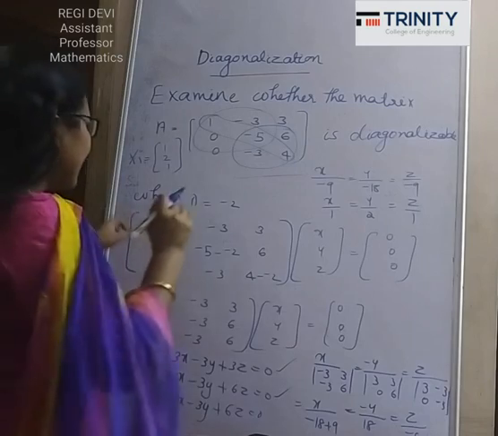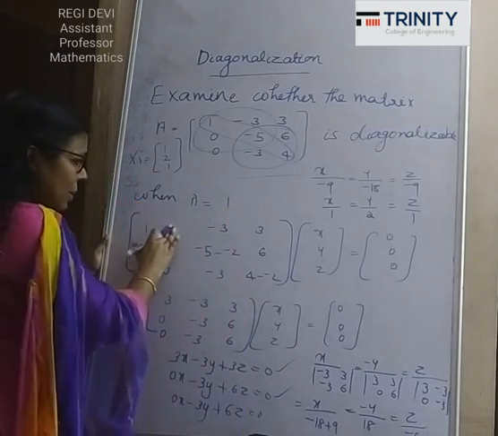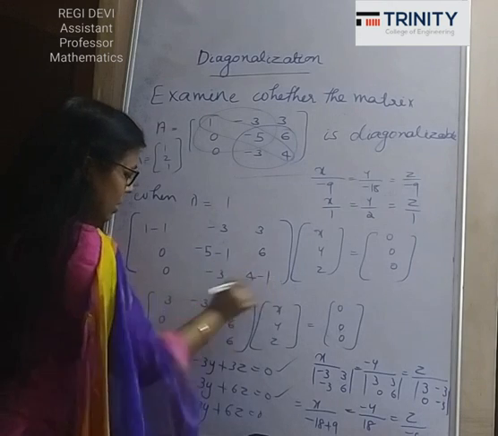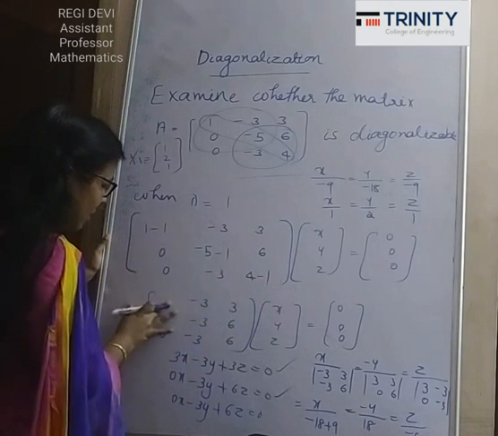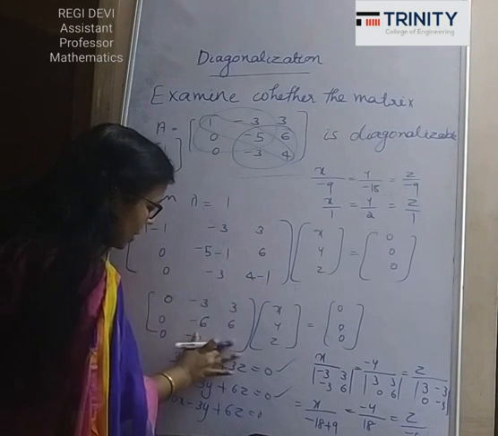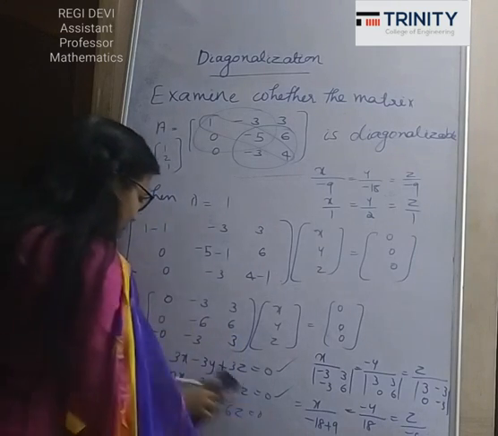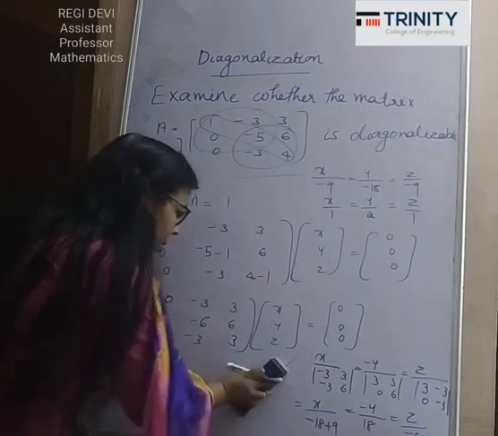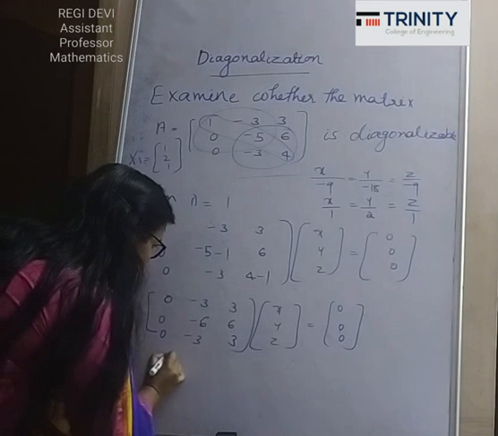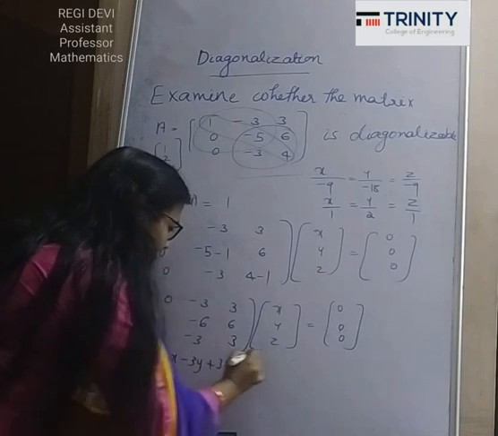Now we have to find the eigenvector corresponding to lambda equal to 1. That is, the diagonal elements are subtracted by 1: 1 minus 1, 0, here minus 6, here 3. On multiplication, we get the equations as 0x minus 3y plus 3z equal to 0.